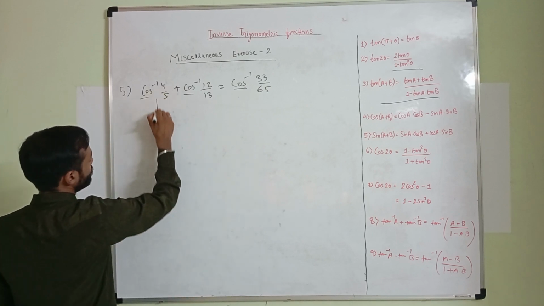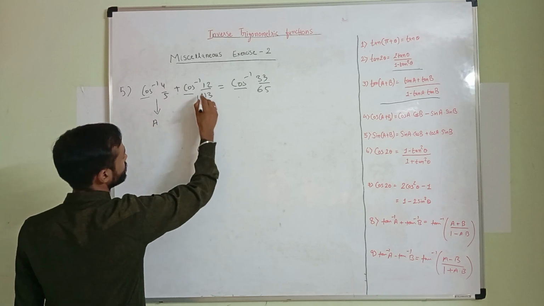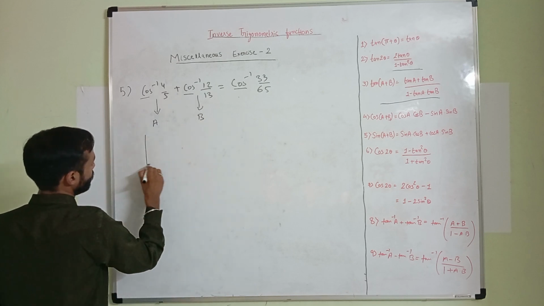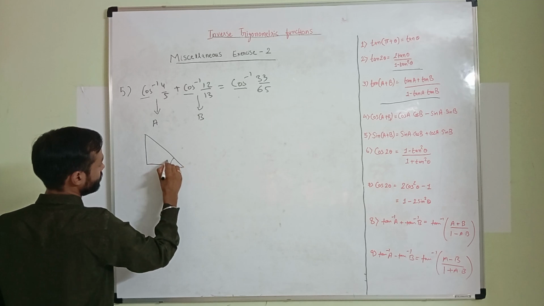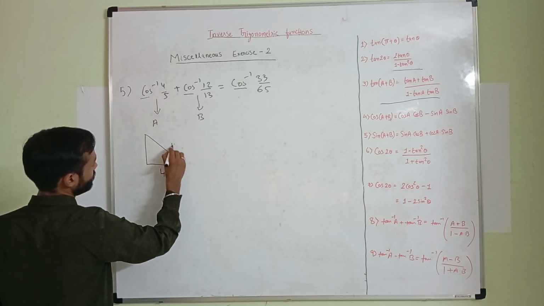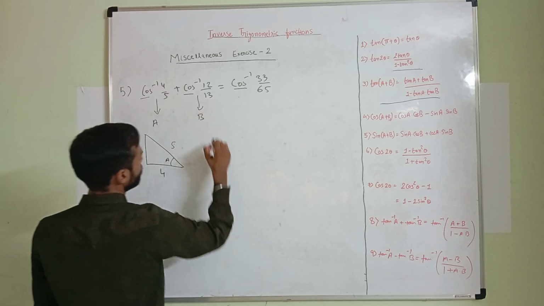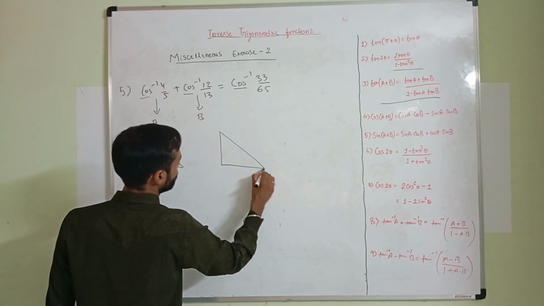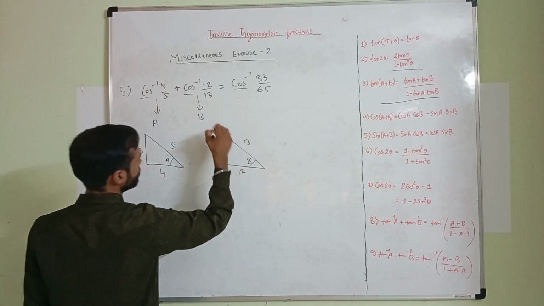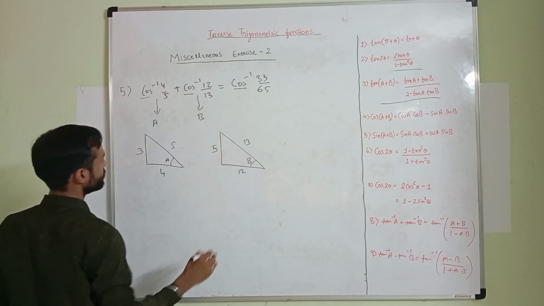So first of all we will assume cos inverse 4 by 5 equals A and cos inverse 12 by 13 equals B. So from this right angle triangle, cos will be adjacent upon hypotenuse, so 4 by 5, and applying Pythagoras theorem we will get 3 here. For cos inverse 12 by 13, we will get 5 here by applying Pythagoras theorem.